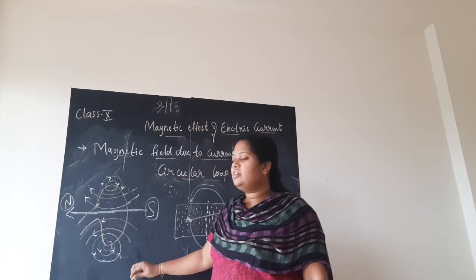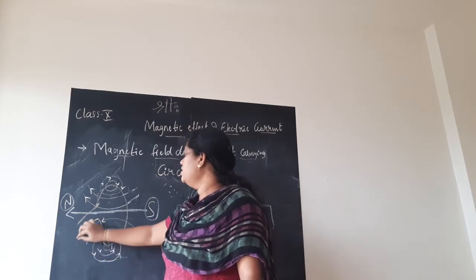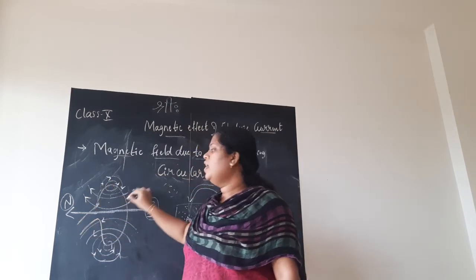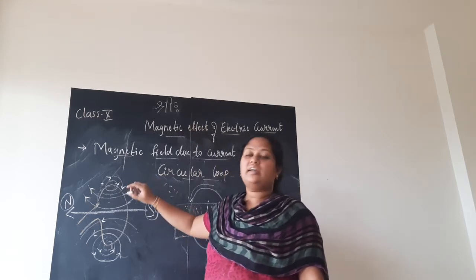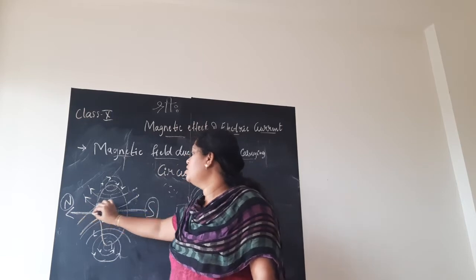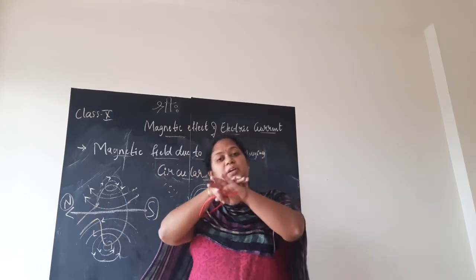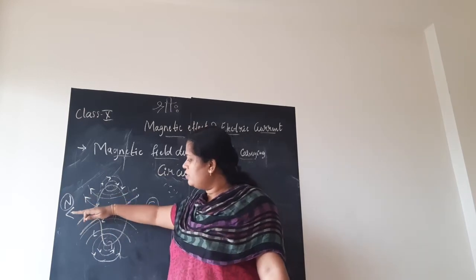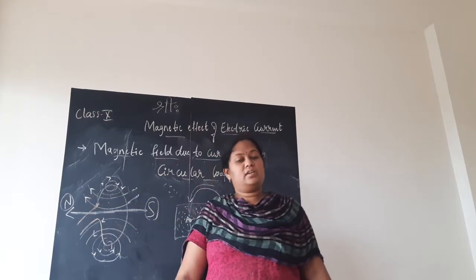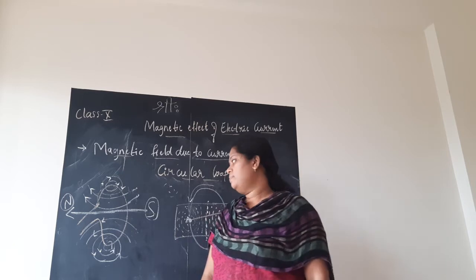As the magnetic field strength decreases, it will form arcs like this. And if you measure the magnetic field strength at the center, the magnetic field line will almost be a straight line by the time we reach the center of the circular loop. That is what happens, children.